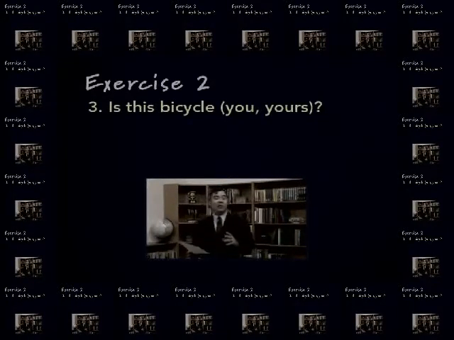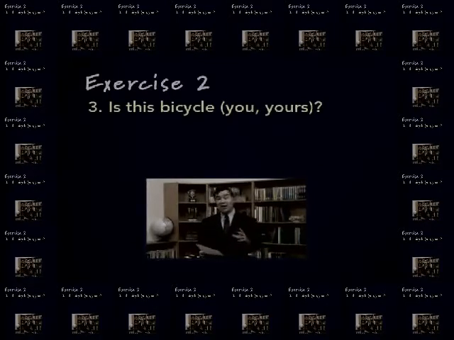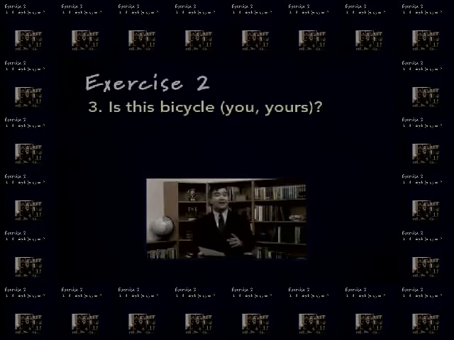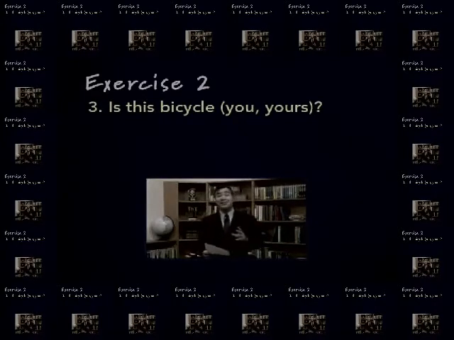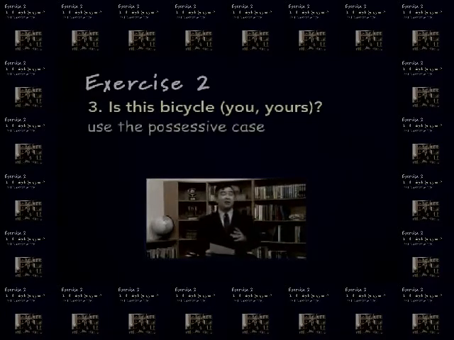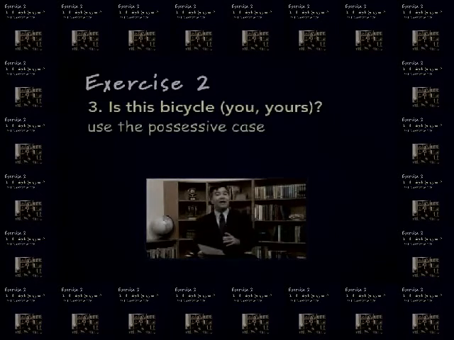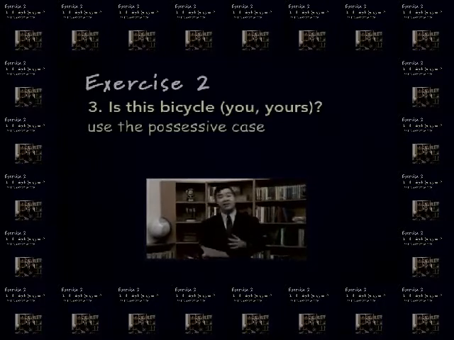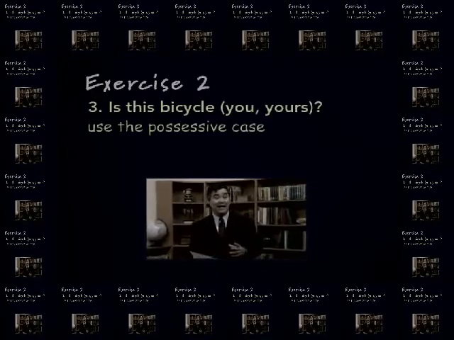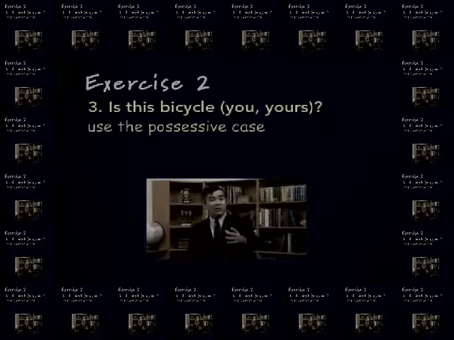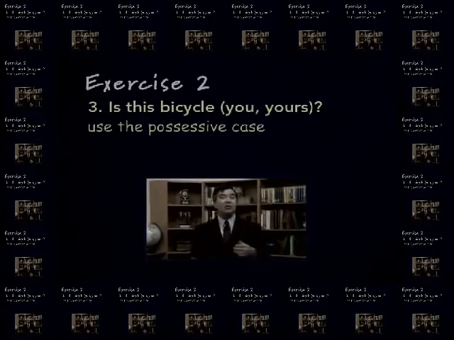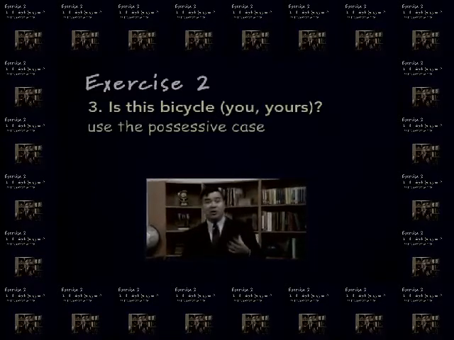Well, what kind of pronoun is missing here? Is it a subjective case pronoun, an objective case pronoun, or a possessive case pronoun? Well, what's missing in this sentence is a possessive case pronoun. We need a pronoun that will refer back to or explain who or what owns the bicycle, because that's what the sentence is getting at. The antecedent would be you, the person hearing the sentence, because that's who is referred to by either you or yours.